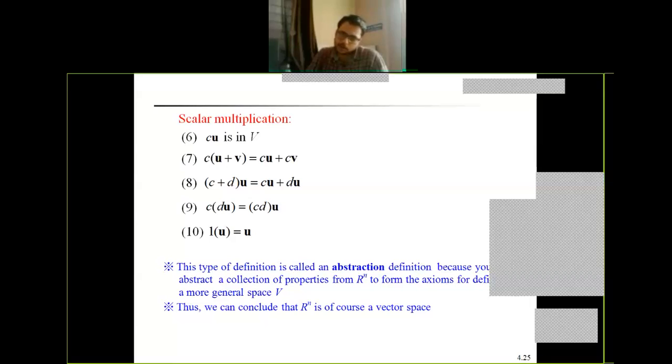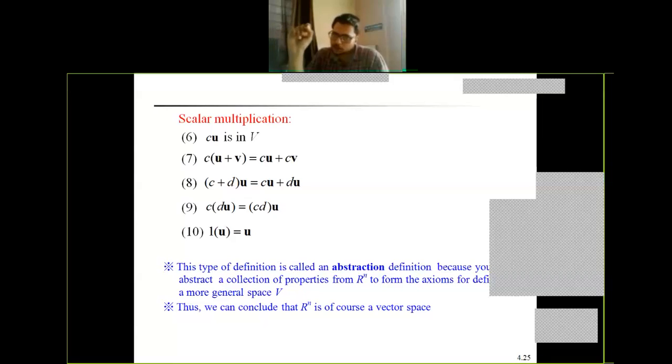This is called scalar multiplication identity, because there exists a scalar 1 which, multiplied with u, gives u. As we have seen, u plus 0 is equal to u, correct? So this is called additive identity.